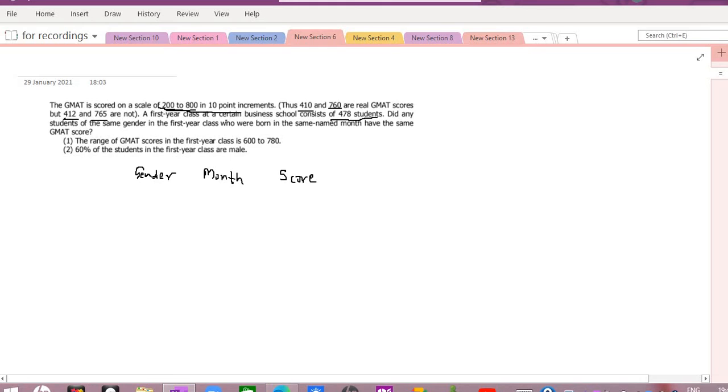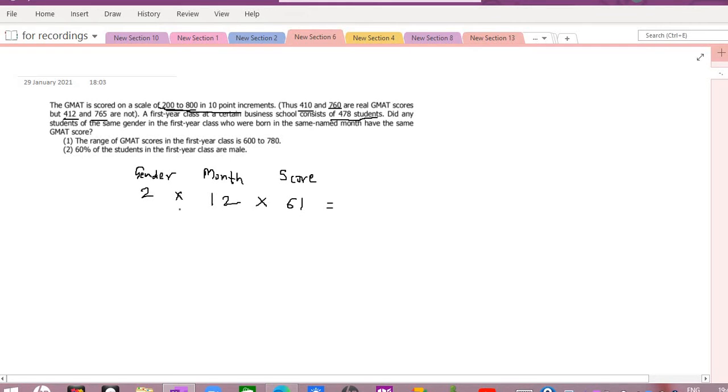Now depending on this information in the question stem, let's try to identify each unique combination here. Assuming that there are two genders and 12 months, how many scores are possible from 200 to 800? So 200, 210, 220, 230 up to 800. I've already counted. It would be 61. So what would be all the possible combinations? If you just multiply them, you'll get all the possible combinations.